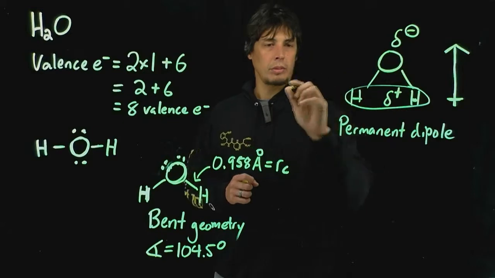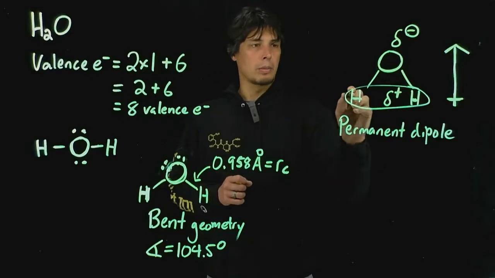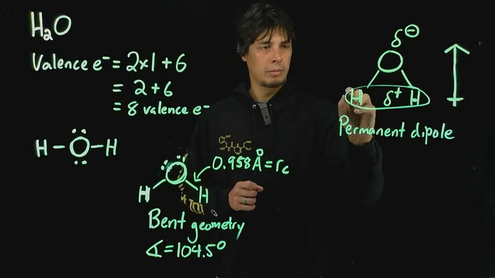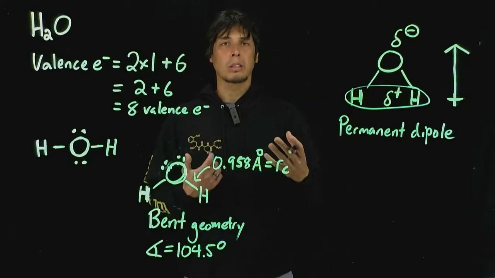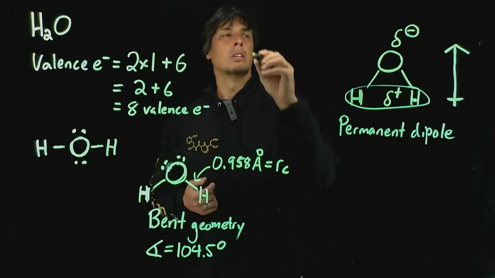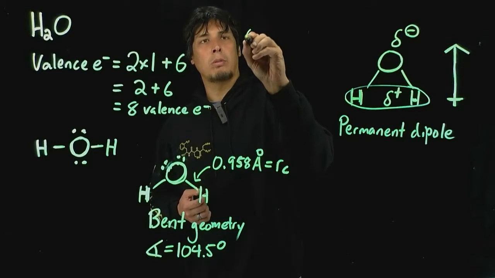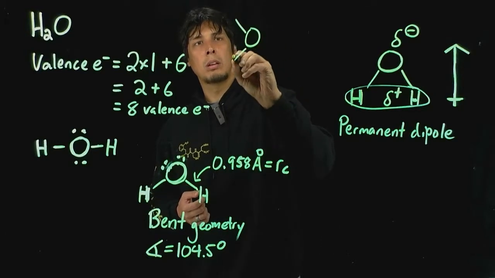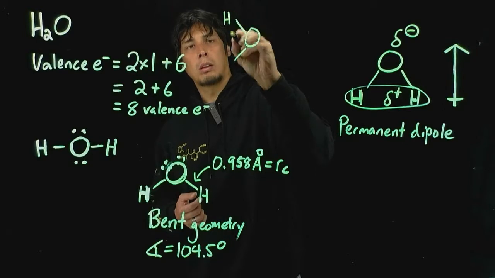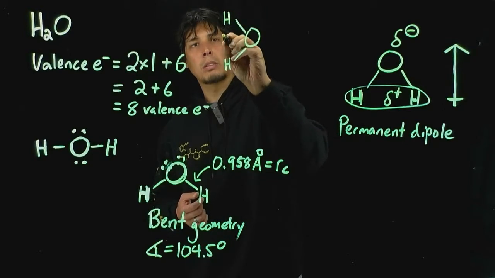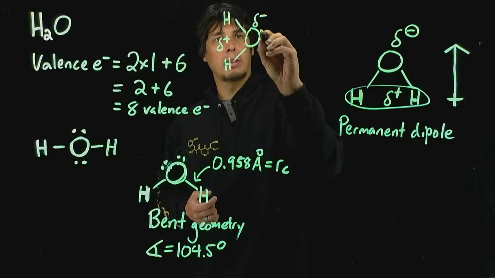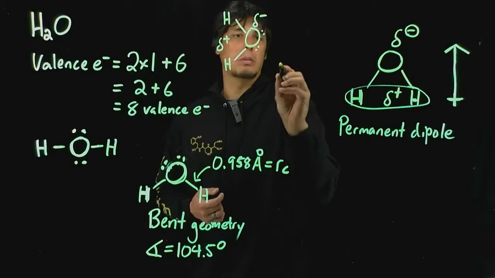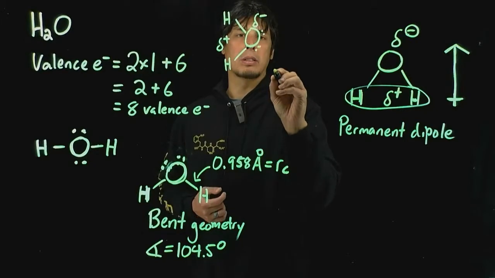The easiest way to think about this is, again, we return to an interaction between water and water. So if we have one water molecule with a partial positive and partial negative end, we have these lone pairs, which help to visualize this interaction.